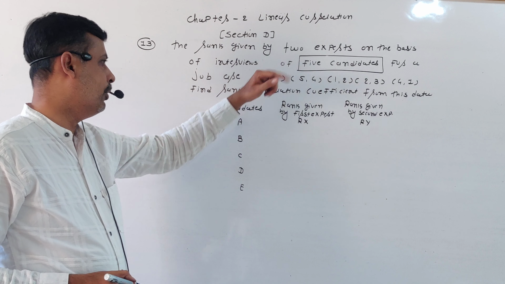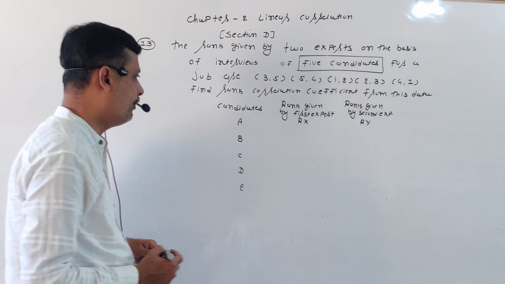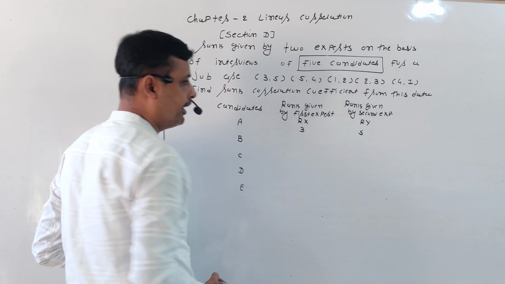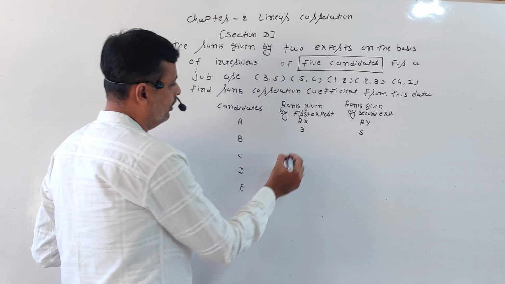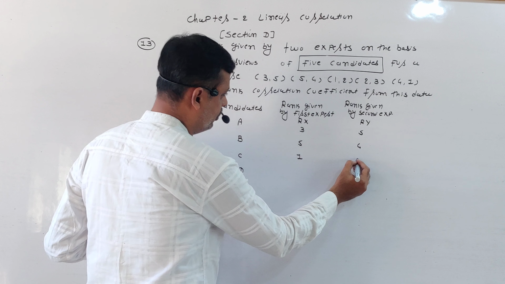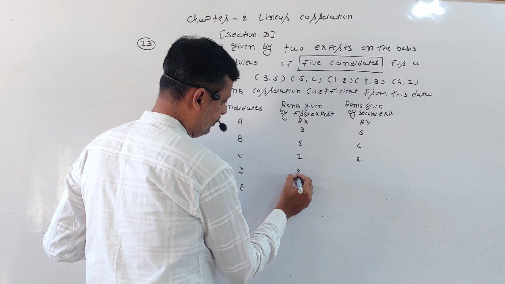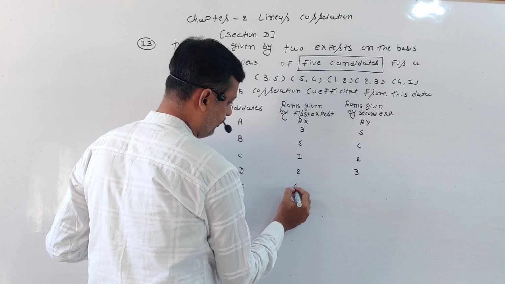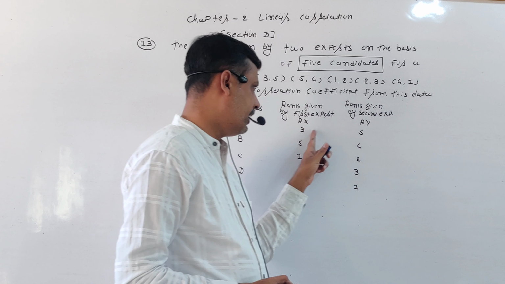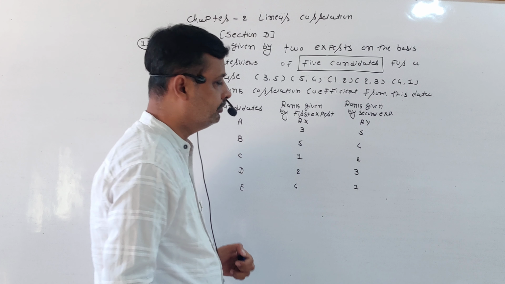The ranks given by the two experts are 3, 5: the first expert gave 3, the second expert 5. Then 5, 4. Then 1, 2. Then 2, 3, and 4, 1. So here Rx and Ry are given.